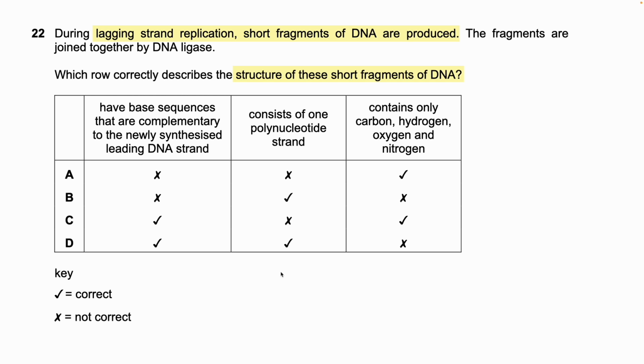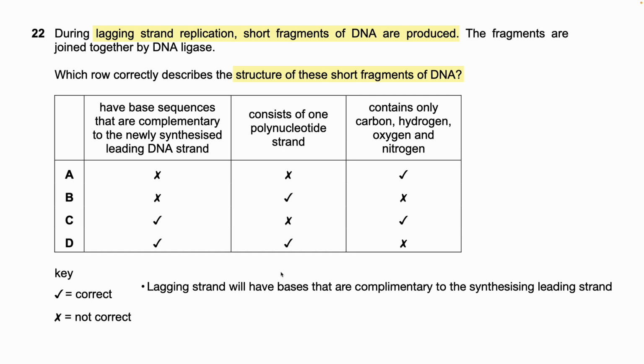The conditions they have given are: they have base sequences that are complementary to the newly synthesized leading DNA strand, they consist of one polynucleotide strand, and they contain only carbon, hydrogen, oxygen and nitrogen. We need to say which statement goes with the Okazaki fragments, the short fragments being produced.